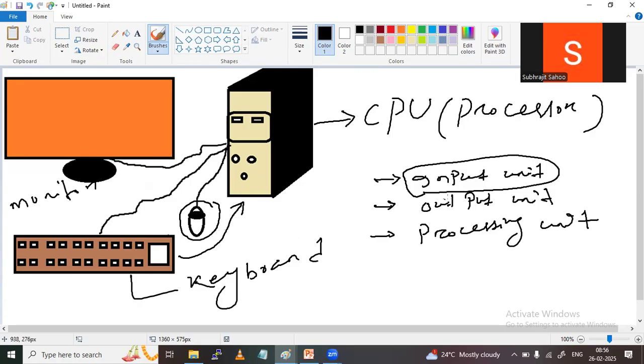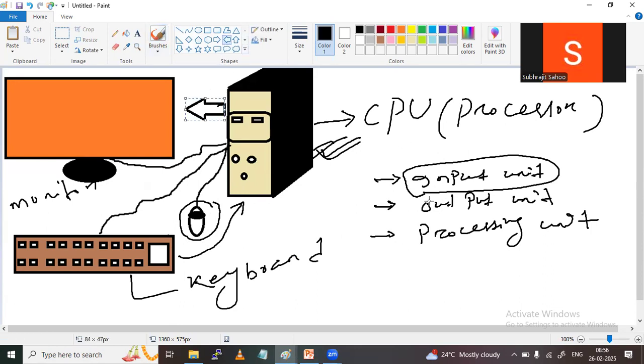So through the input unit, the user gives a request to the central processing unit, either the keyboard or the mouse. After giving the input, some processing happens inside the processor, and finally the result is displayed on the output screen.